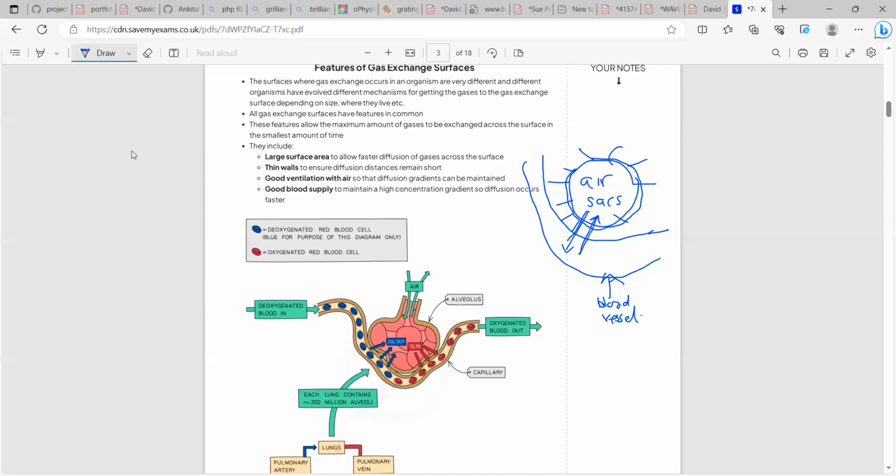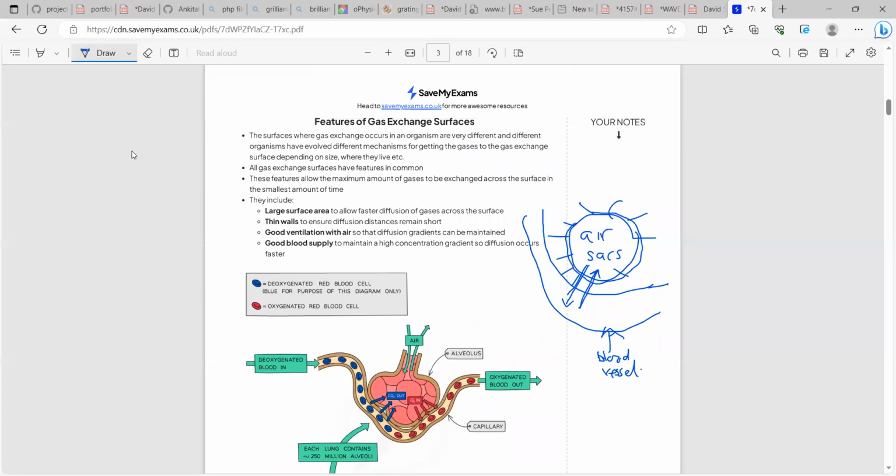So here on this page, we're simply trying to list the adaptations of the air sacs. Adaptations of the lungs for gaseous exchange.